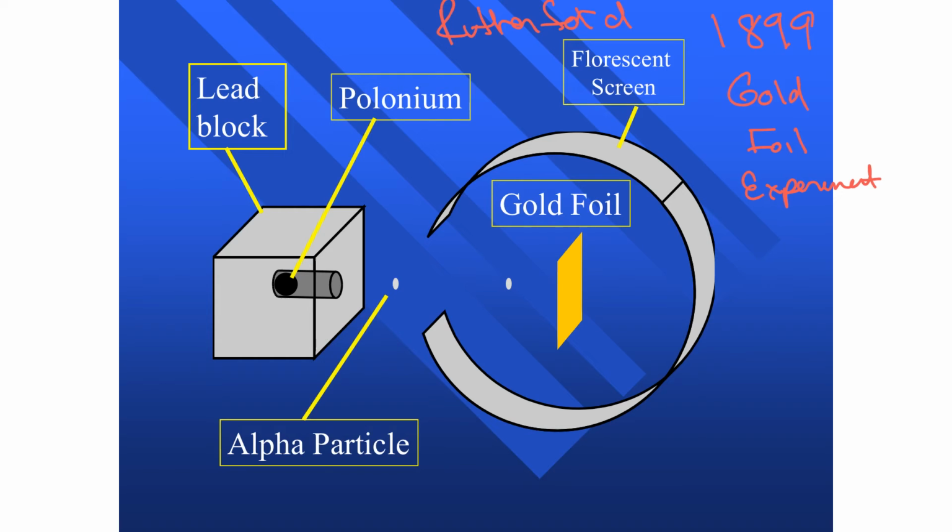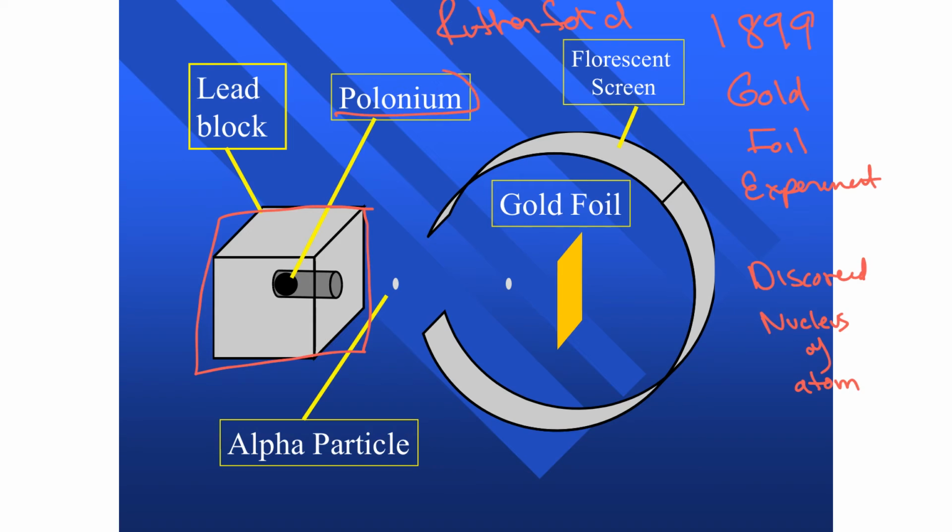All right? Because Rutherford discovered the nucleus of an atom. All right? Which is kind of cool. So this is how he did it. He had a lead block, which at this time, scientists were really excited because they had just discovered radioactivity.